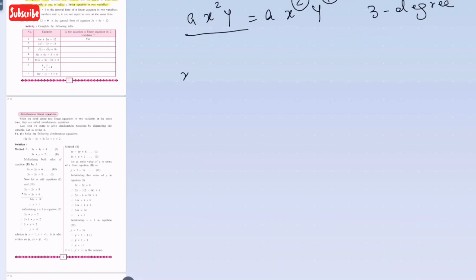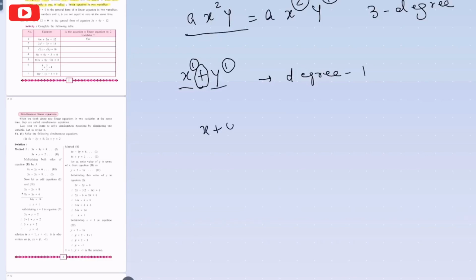Now if I write x plus y, x is one variable, y is another variable, both variables are added. The power of x is 1, y is 1. When there is an addition or subtraction, we have to see the maximum power between the two. Power of x is 1, y also 1, maximum is 1.